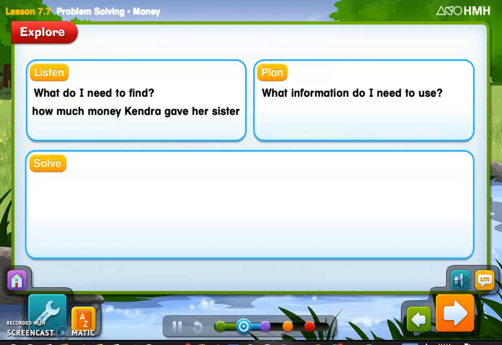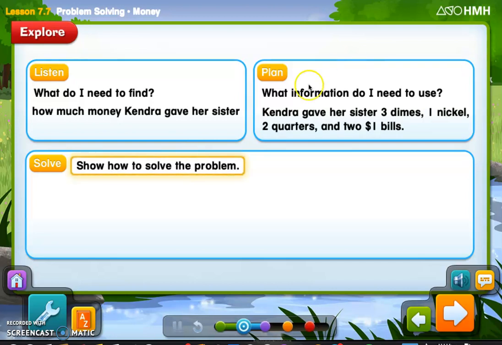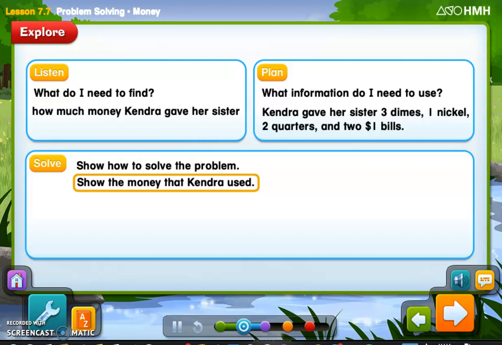What information do you need to use? Kendra gave her sister 3 dimes, 1 nickel, 2 quarters, and 2 $1 bills. Now show how to solve the problem. Let's draw to show the money that Kendra used. We'll start with the bills first and then the coins from the greatest value to the least value.